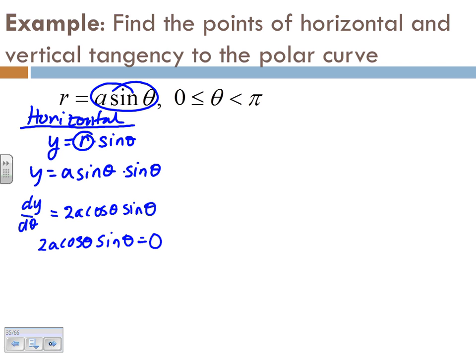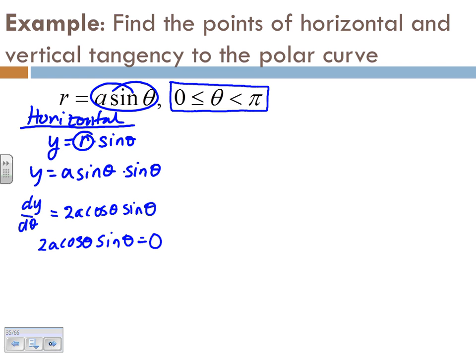And they made my life a little bit easier. They told me I'm only going to look for thetas including 0 and not including pi, in between those two. So, inclusive of 0, not inclusive of pi.